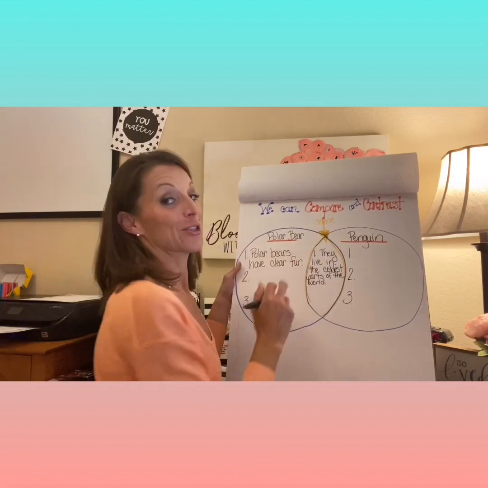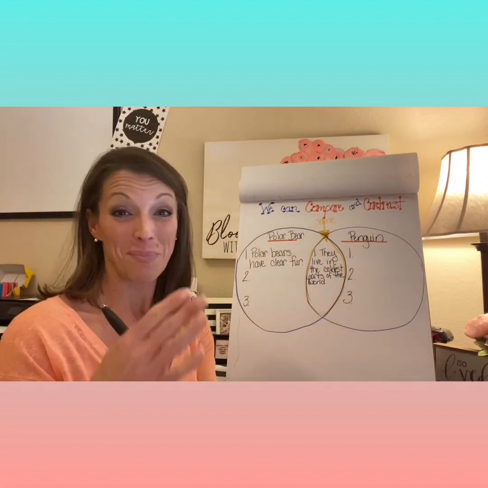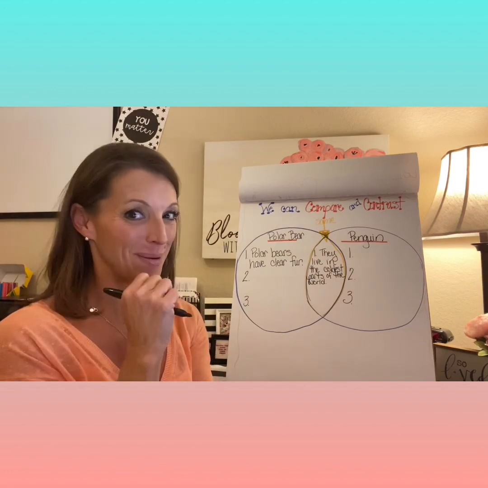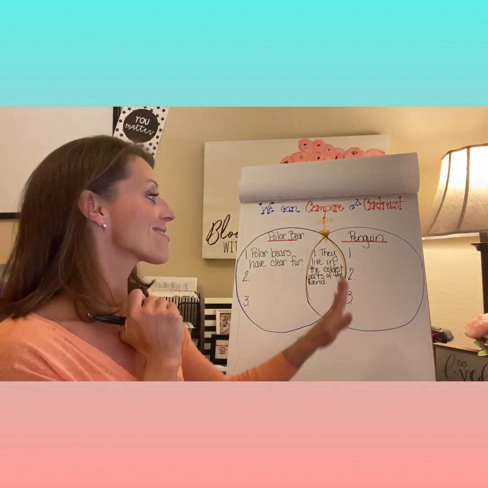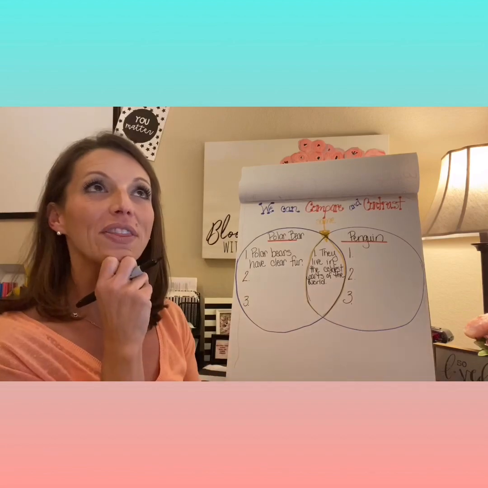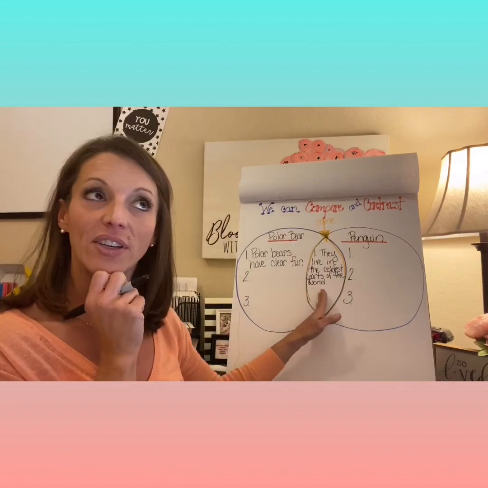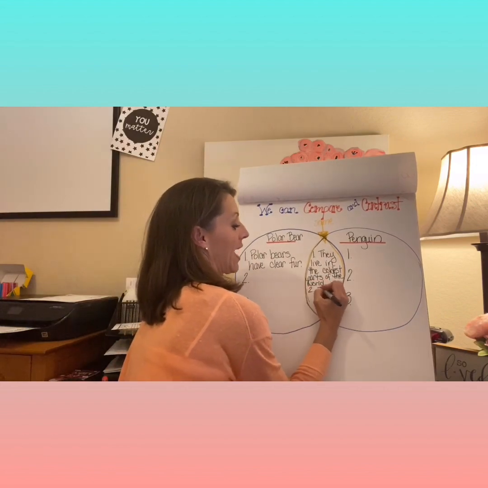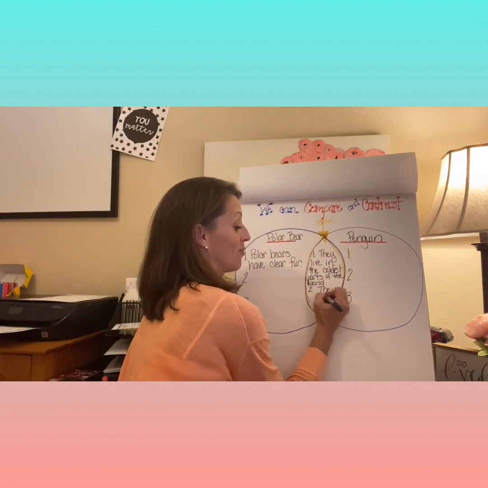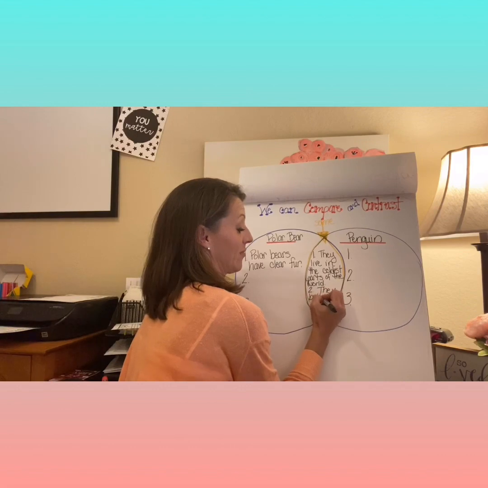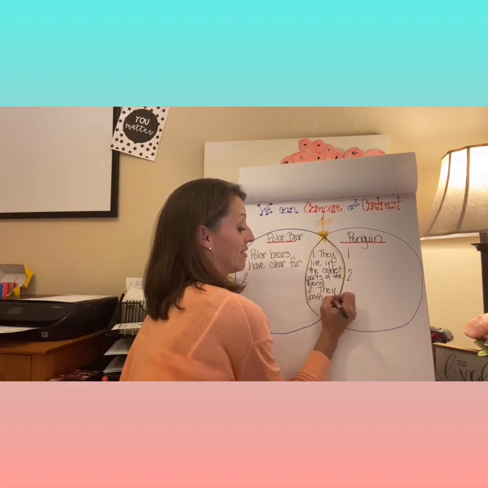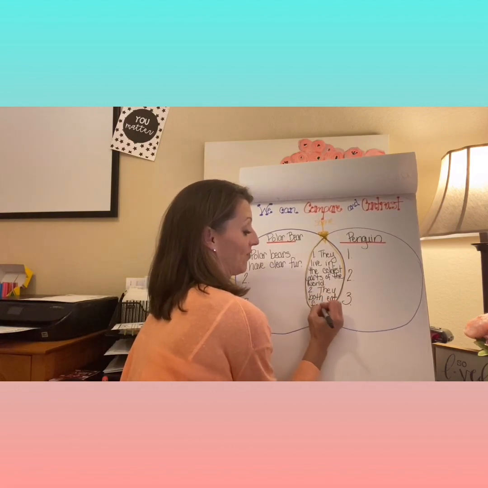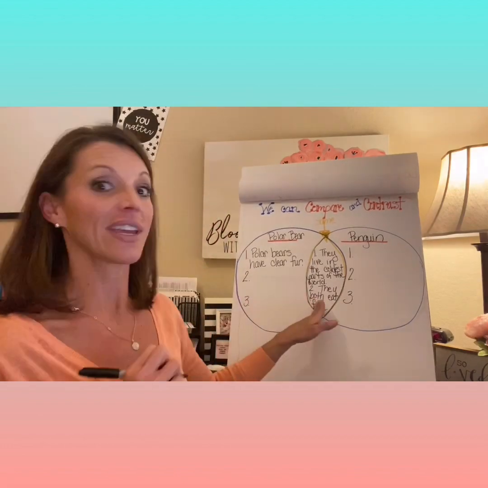Remember? It's the reflection from the sun that makes it look white. Did you remember that? Okay, so now, what could I think about? So if I think of another thing similar, like they both eat fish. So it could go in the middle.